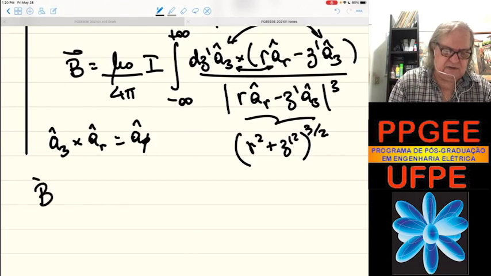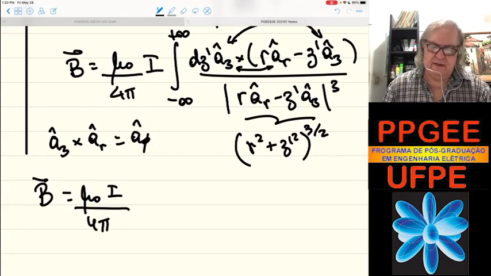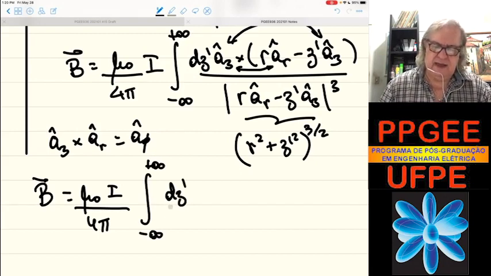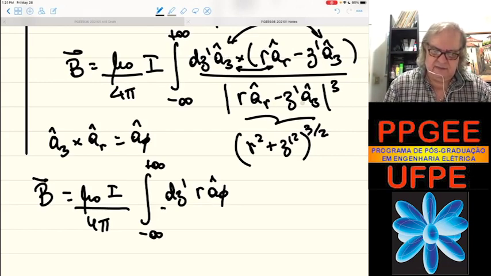So B equals, dz prime, so a_z cross a_r equals a_phi times r, right? Times r a_phi. The a_z with a_z term was 0, so we have this denominator here.